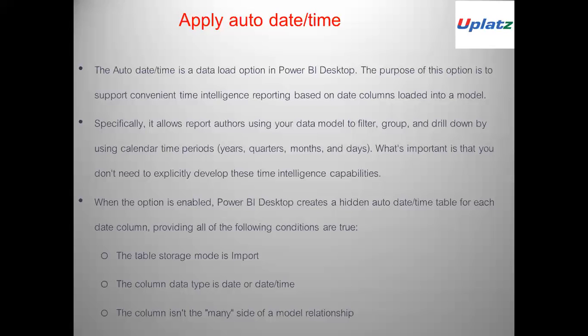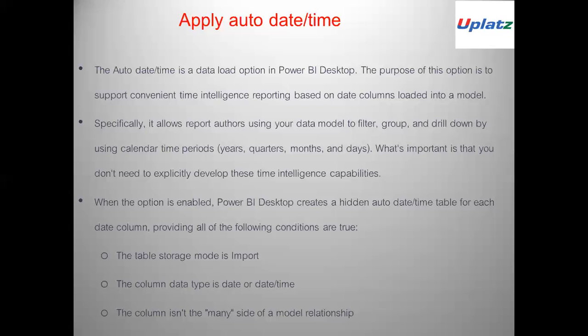I want to know the year of the order, which quarter the order was placed in, and on which day the order was placed or processed. This kind of analysis I'm not able to do here, because only the direct date is present.